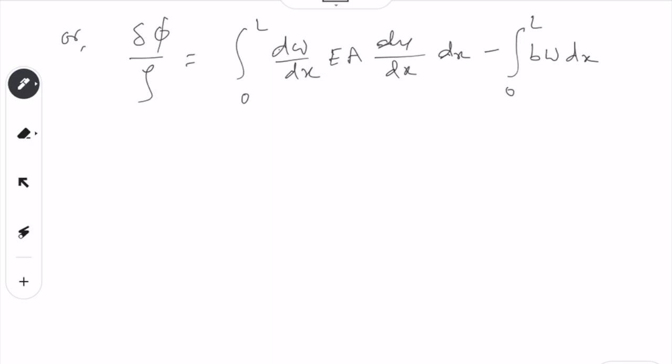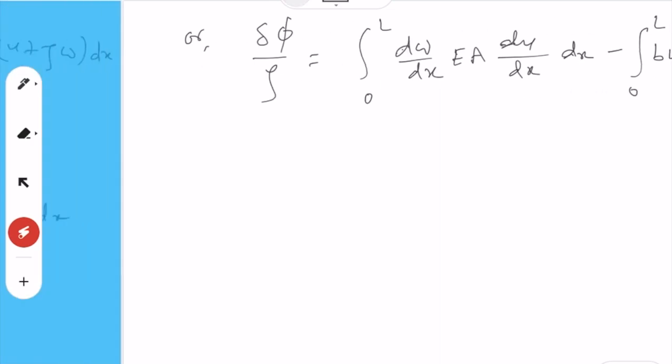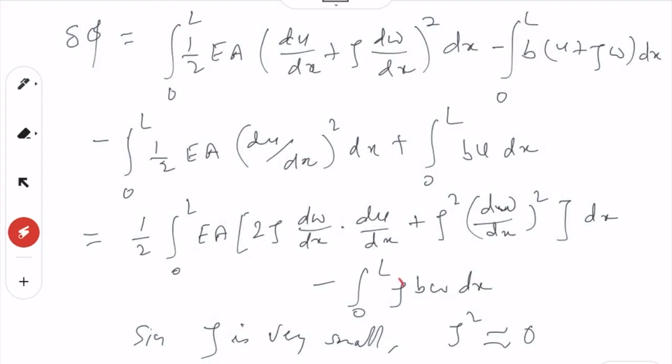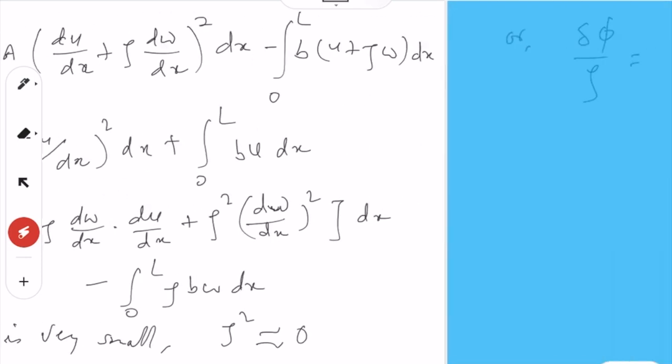So we got that. We have taken zeta out, dividing delta phi by zeta, and whatever remains after making zeta squared equal to 0 gives that term.